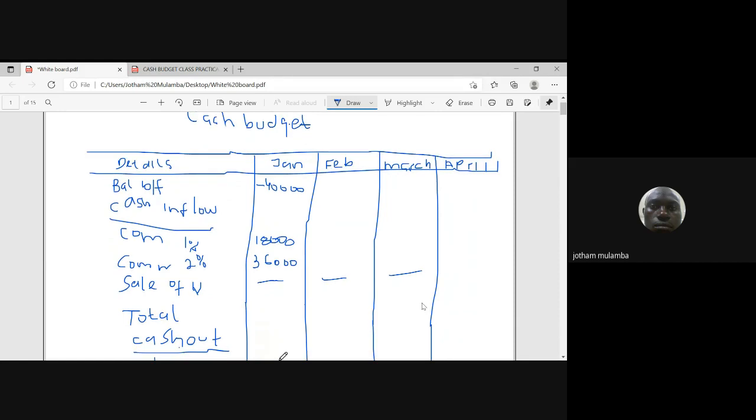So add the money starting with the balance brought forward. That's negative 40,000 plus 18,000 plus 36,000, which is 14,000.